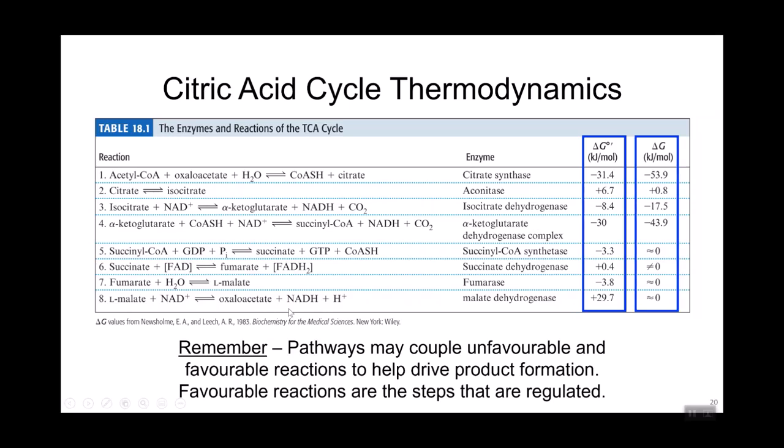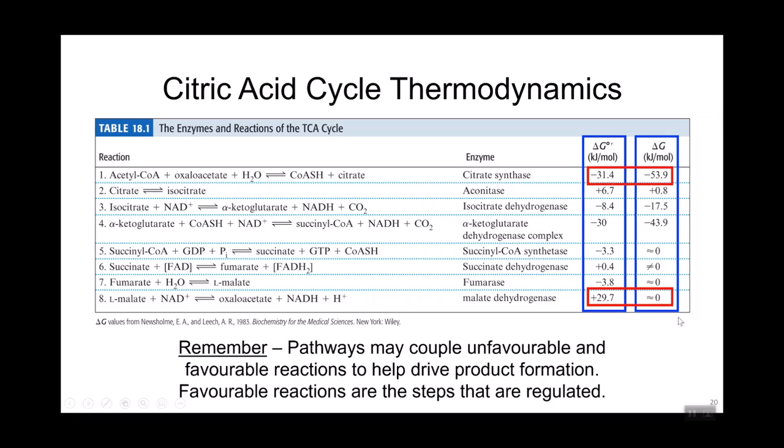Under cellular conditions, we again see differences in the free energy changes based on the cellular concentrations of substrates and products. And what's really interesting is that under cellular conditions, the favorable reactions in the cycle are what's going to help drive the unfavorable reactions.